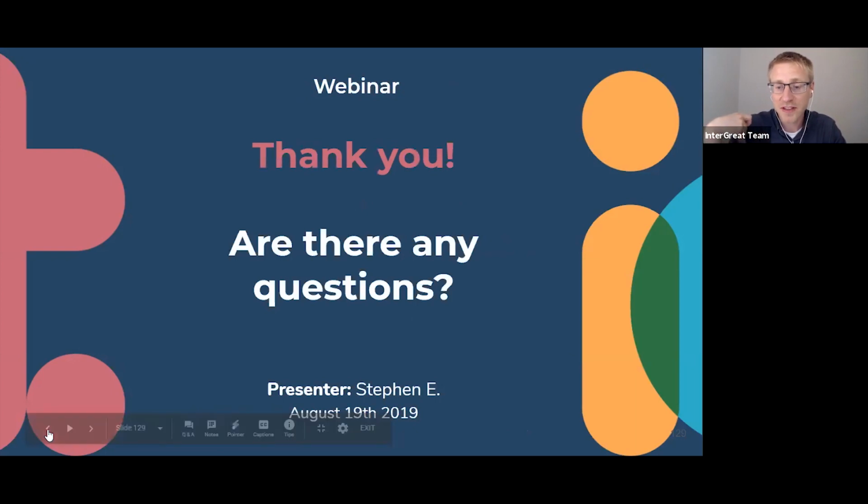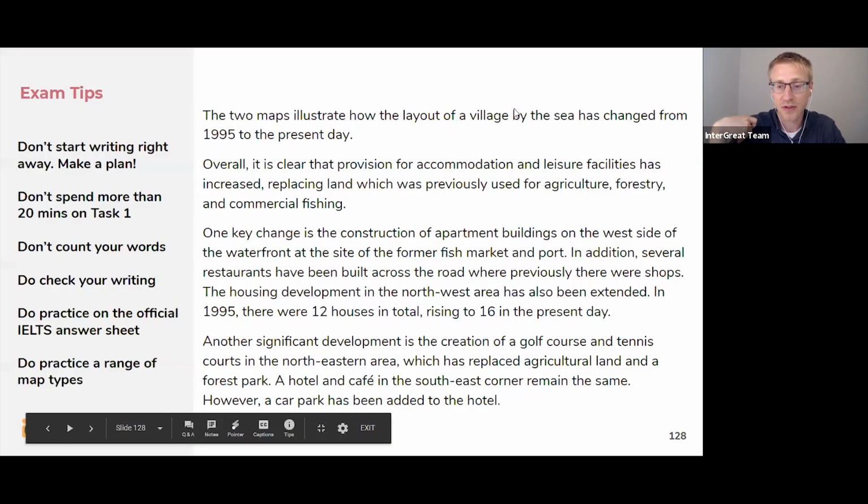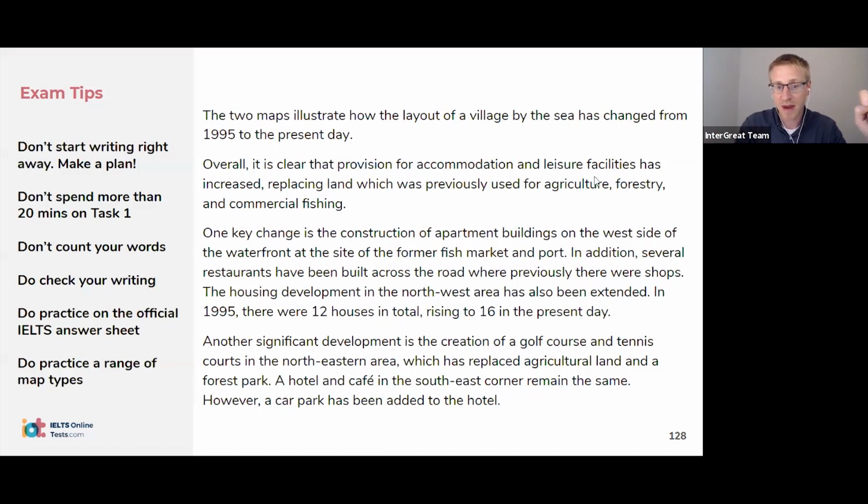Maybe you guys can have a look at the example and let us know how it has been divided in this model essay in the two details paragraphs. Take a look and see if you can work it out. Different developments. Yep. Different major changes.